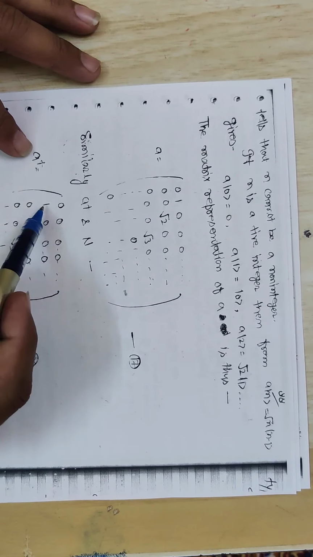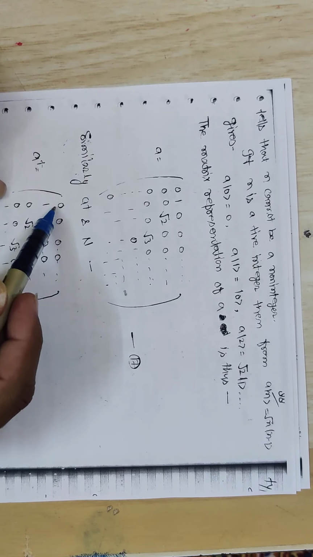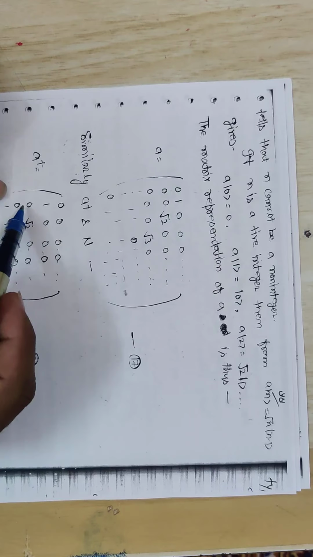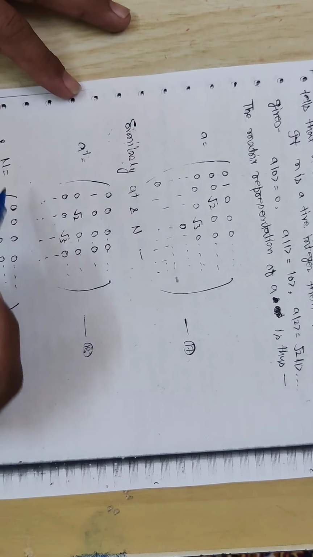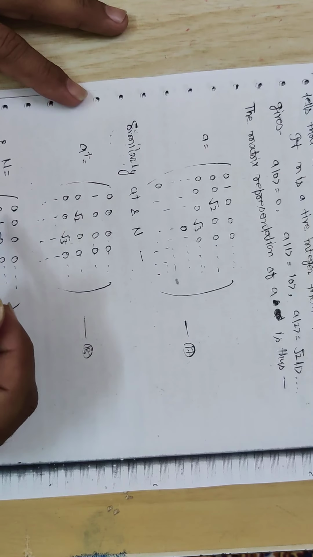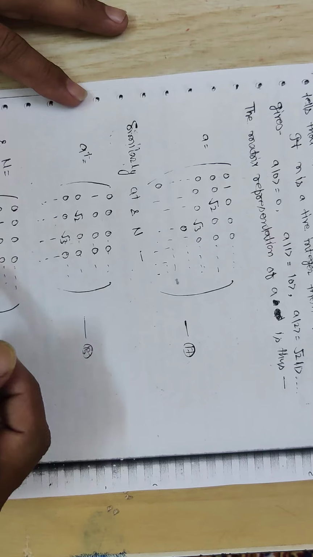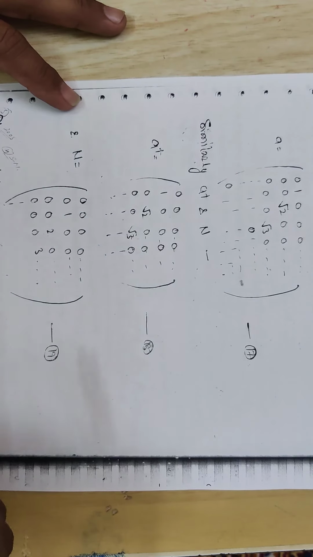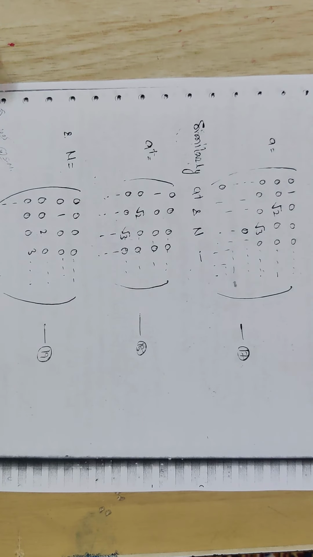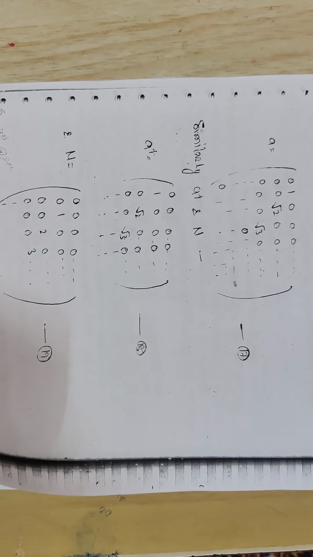The third row is 0, root 2, 0, 0 and so on. And the matrix of n is 0, 0, 0, 0, 1, 0, 0, 0, 0, 2, 0, 0, 0, 3, 0.